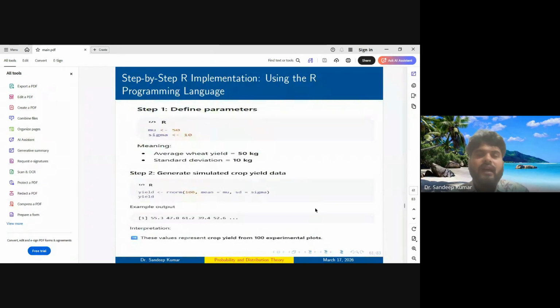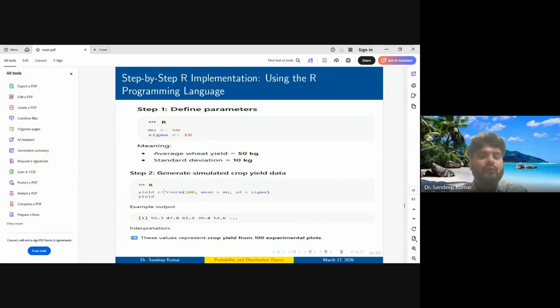And this is the R implementation. Mu equals 50, the mean of the normal distribution, and sigma, standard deviation, 10, meaning average wheat yield 50 kg and standard deviation 10 kg. Step 2, generate simulated crop yield data.